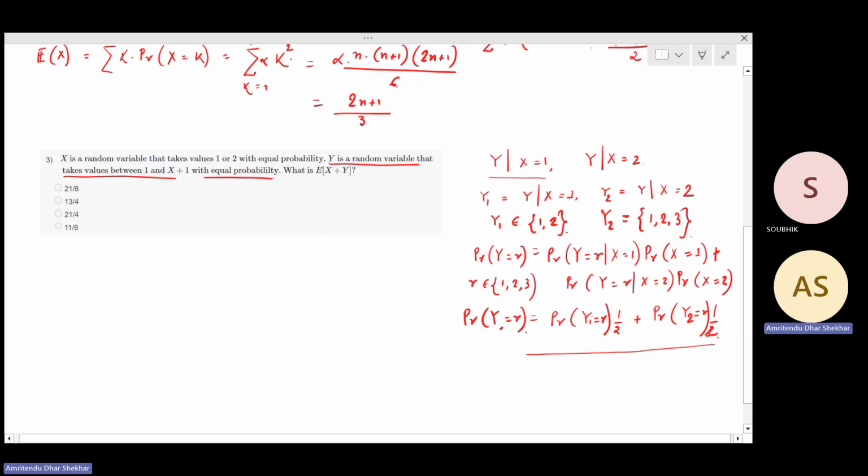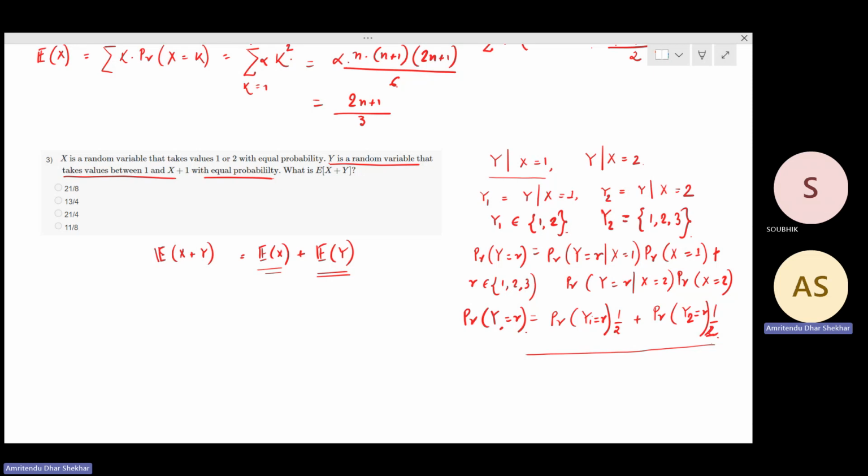Now we have to compute the expectation of x plus y. The expectation of x plus y equals the expectation of x plus the expectation of y. The expectation of x you can easily compute, and the expectation of y you can easily compute.